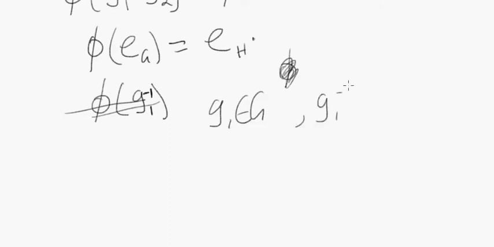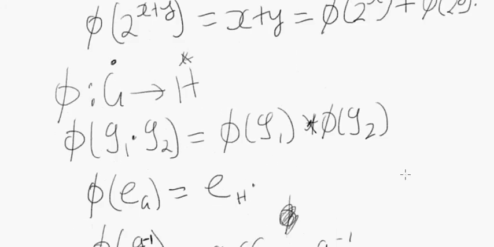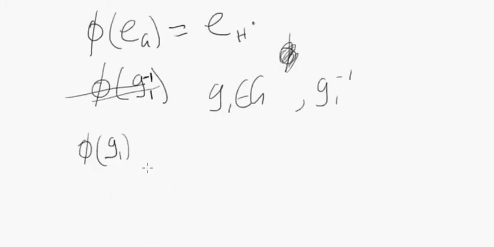A natural question you may be wondering is, what's the inverse of phi of g1? That is, if I get g1 from G and send it to H, that's what phi does. Well, what's going to be the inverse of where g1 is sent? That is, phi of g1 is now in H. So what's the inverse of this thing in H? Well, it turns out that phi of g1 inverse is really the same as the inverse of phi of g1.